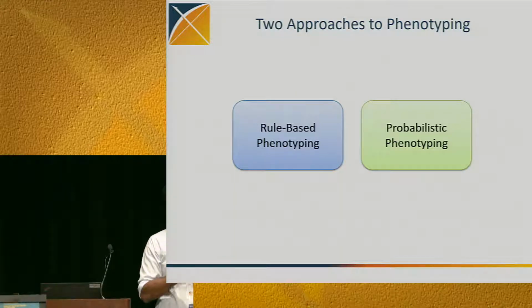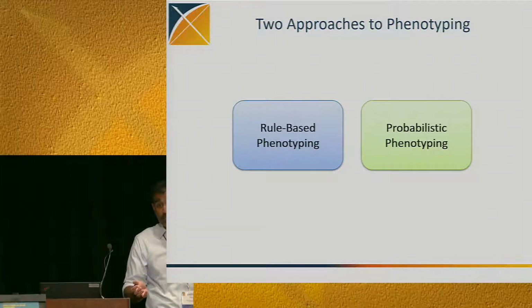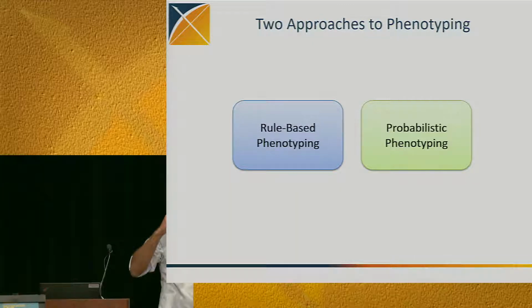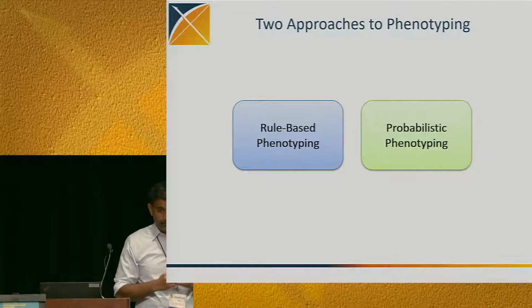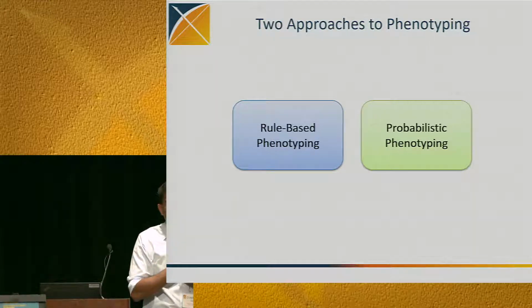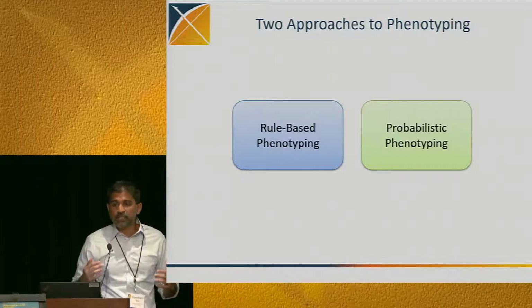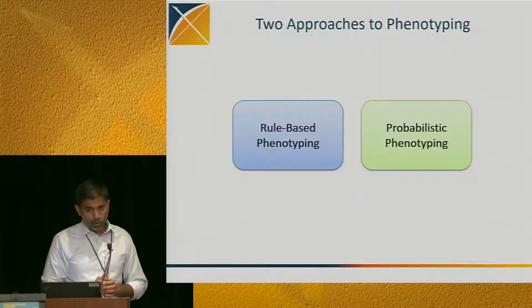So you can go to Atlas and say, I want to query all the people who are 55 years of age, have had chest pain and maybe went to the emergency room and then had certain drugs. That combination of rules is a rule-based cohort definition. This is the most common methodology that we use in OHDSI to build our cohorts.